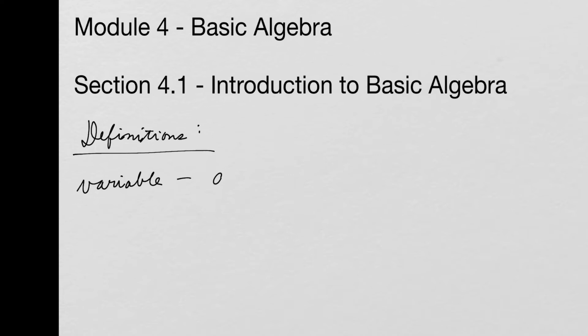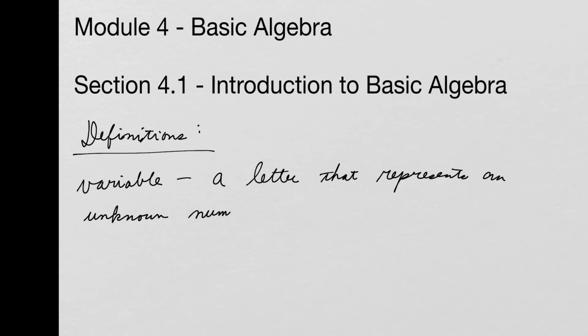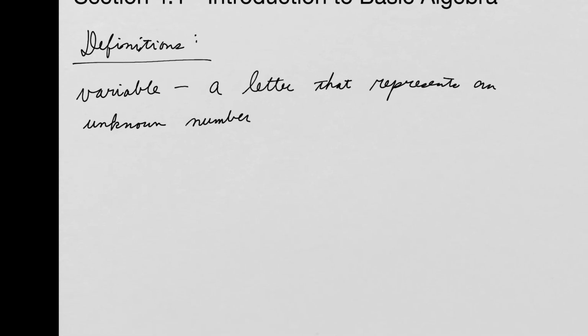So I'll say it's a letter that represents an unknown number. Right? And eventually, we're going to be solving algebraic equations for variables. We're going to figure out what the unknown number actually is. Okay, so that's a variable.